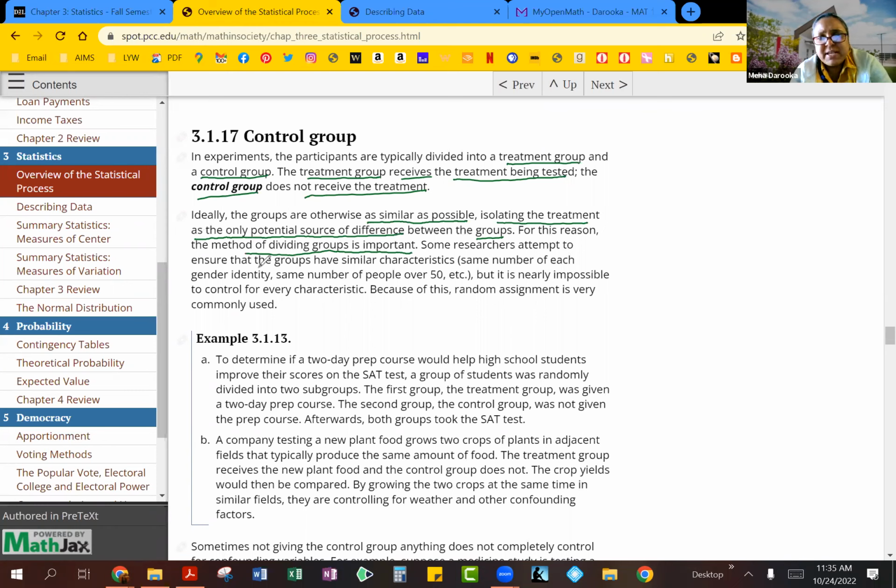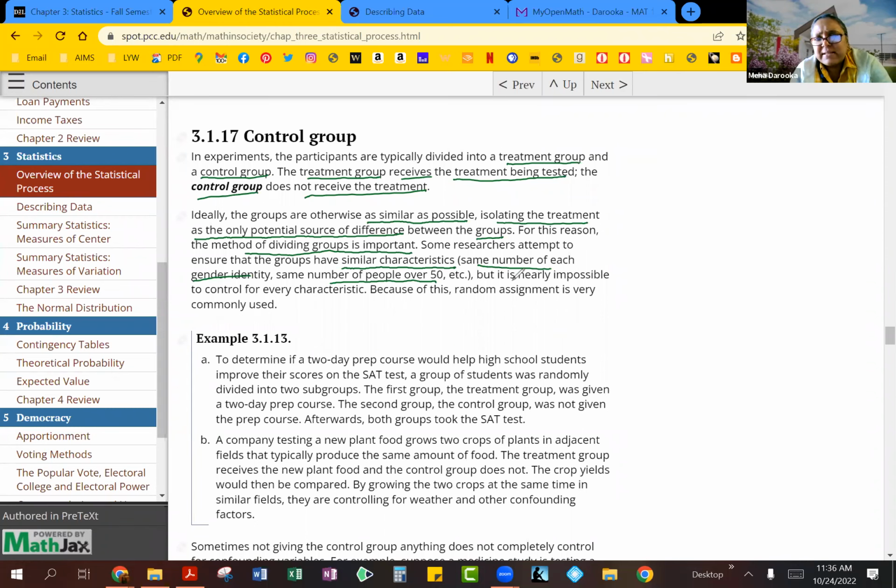Some researchers attempt to ensure that the groups have similar characteristics. And I think this is very, very important to maintain between your control group and treatment group: you are keeping those similar characteristics. So try and keep the same number of people with the same gender identity, the same number of people over 50, whatever your criteria for your subject matter might be.